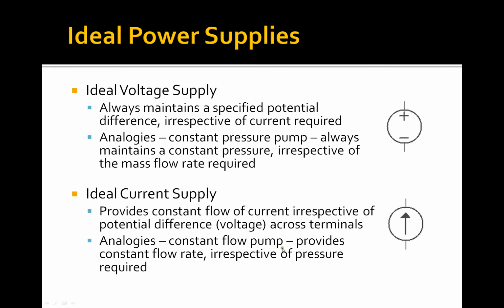The analogy for this is a constant flow pump. It's always going to provide a specific mass flow rate of fluid through it irrespective of the pressure difference across the pump. So it's always going to make sure that the flow is moving, whereas the voltage supply always makes sure that there's a potential difference, or a pressure difference using the water analogy.